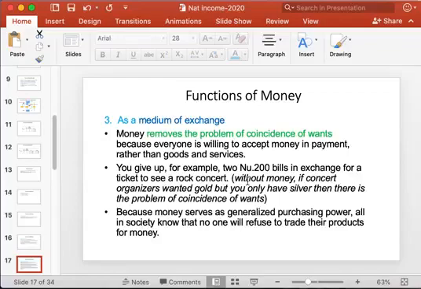Without money, if the concert organizers wanted gold but you only had silver, then there is the problem of coincidence of wants between the concert organizer and you, and neither can there be a concert nor can you see the concert.